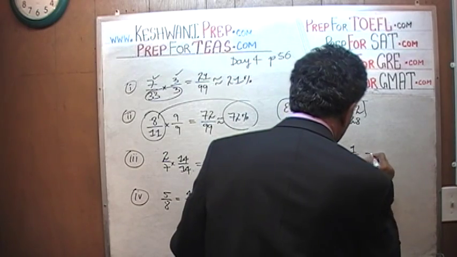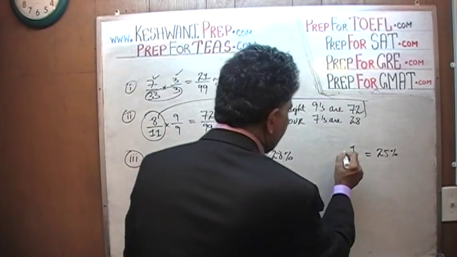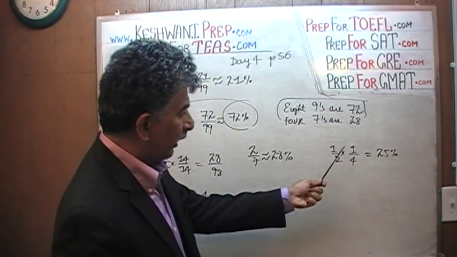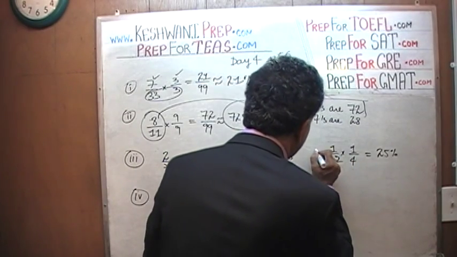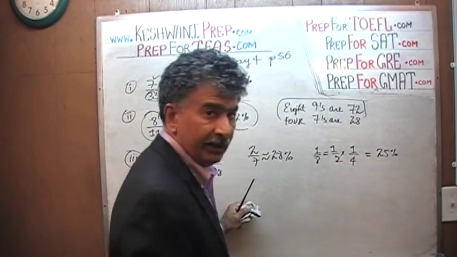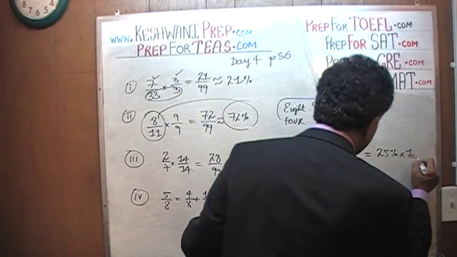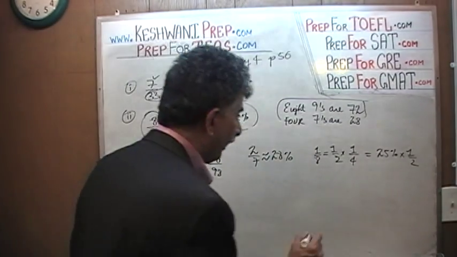We know 1/4 is 25%. If you take half of that, half of 1/4, 1 times 1 is 1, and 2 times 4 is 8. Half of 1/4 is 1/8, and since we took half of this side, we have to take half of that side. And what is half of 25? Half of 25 is 12.5.